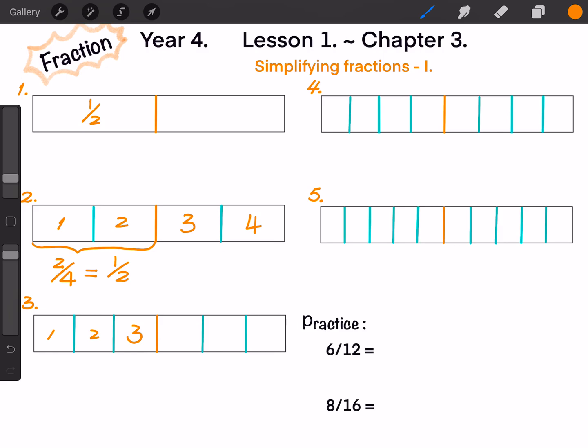Another 2 blue lines divide the right part into another 3 equal parts. Now, the whole rectangle has been divided into 6 equal parts. Meanwhile, 3/6 equals to 1/2.